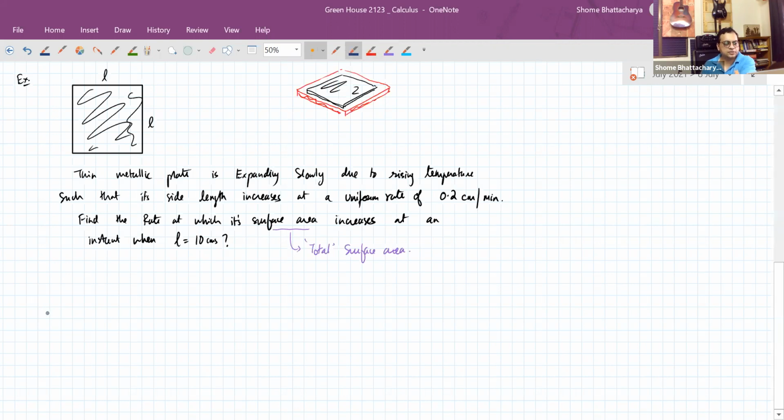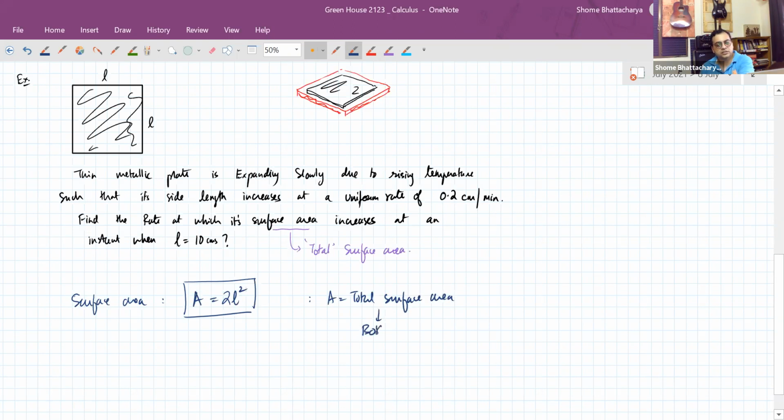So how we'll understand this problem is that the surface area, let's say we denote it with the symbol A, is 2 times L square. And we understand why it's 2 times L square, because A is the total surface area. So it's got both surfaces, the upper surface and the lower surface.